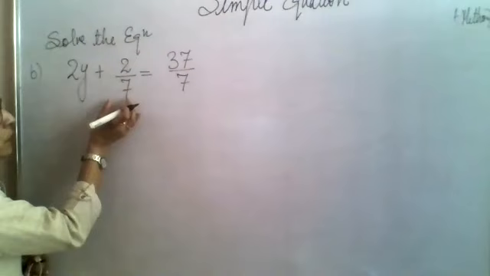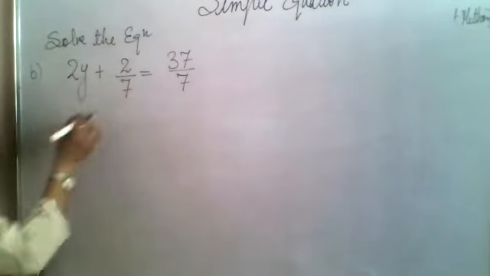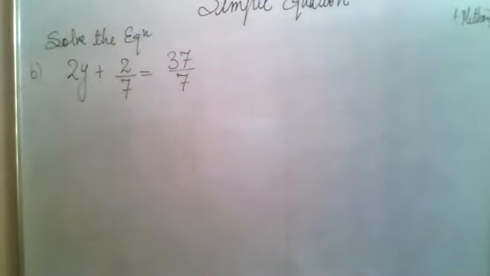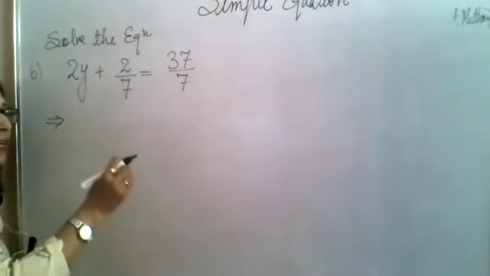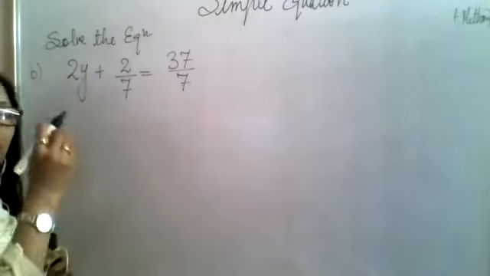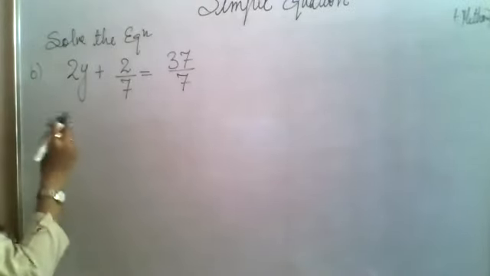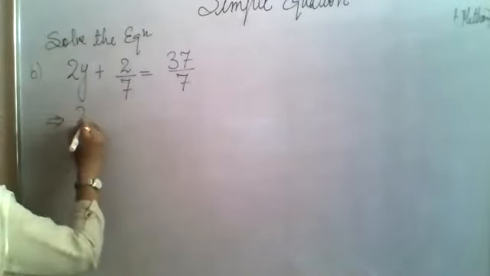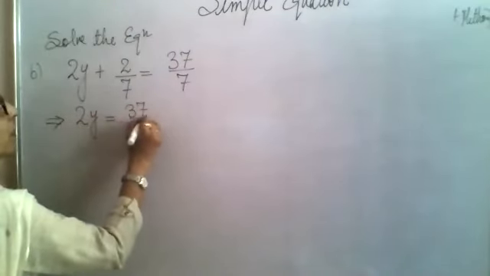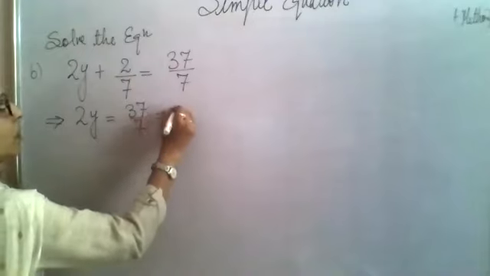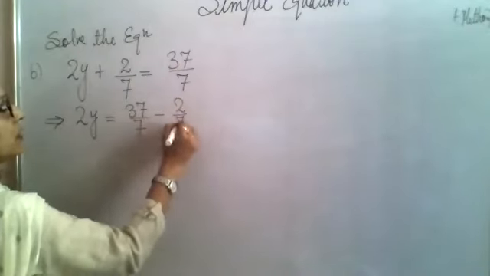Now what you will do, this is plus 2 upon 7. When you take plus 2 upon 7 to the other side, it will become minus. Numbers which you're not shifting, write them as it is. So 2y equal to 37 upon 7 minus 2 upon 7.